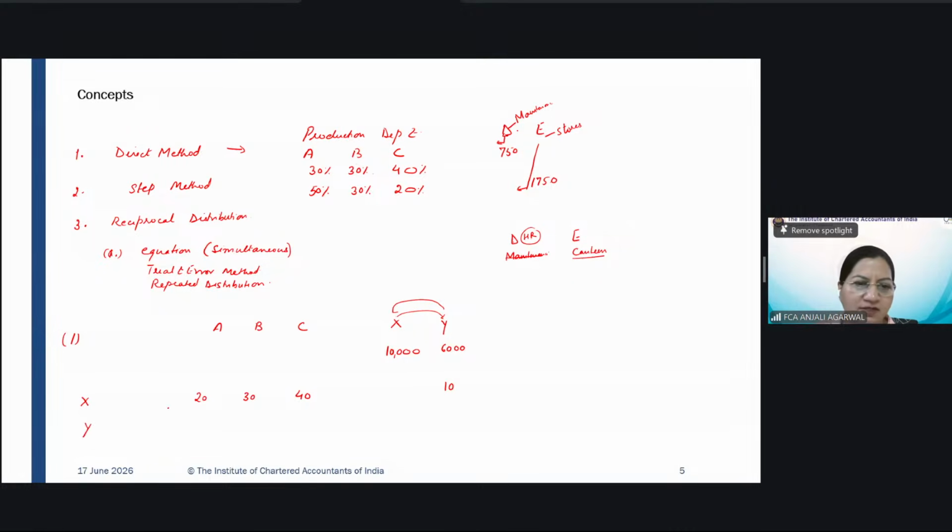Similarly, the expenses of Y will go as 40, 40, 15, and 5.